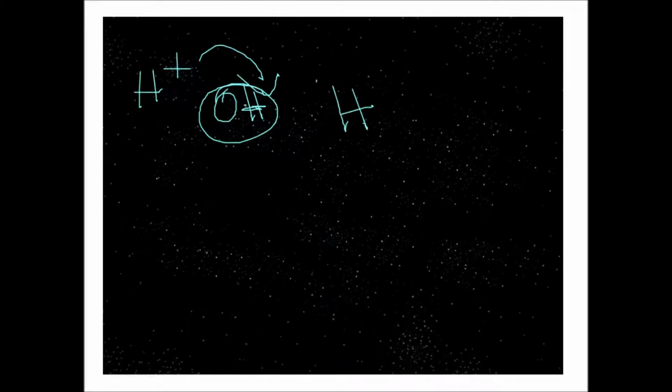So if I have here hydrogen, and I have in here the OH, which would be a base group, right? This could accept the hydrogen and form water. Water, in turn, can again act as an acid or a base.